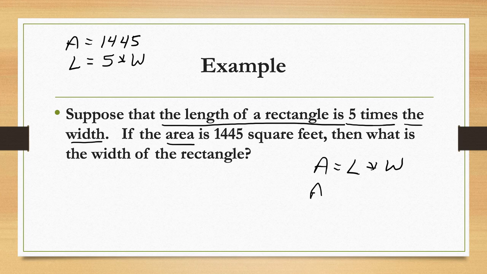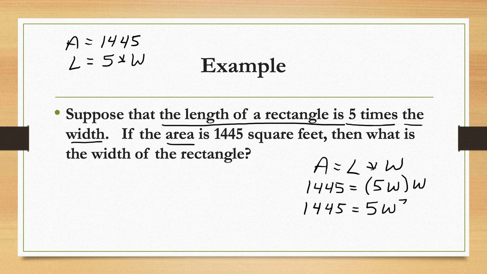So I have my area, which I'm going to plug in as 1445. We know that my length is 5W, and then the width we're going to leave as a W. So I have 1445 is equal to 5 times W, which is going to be 5W squared.